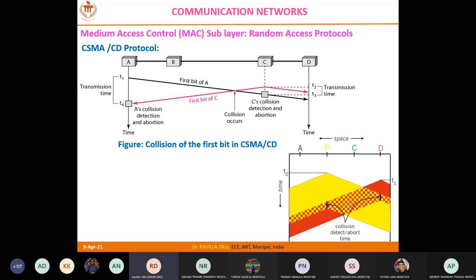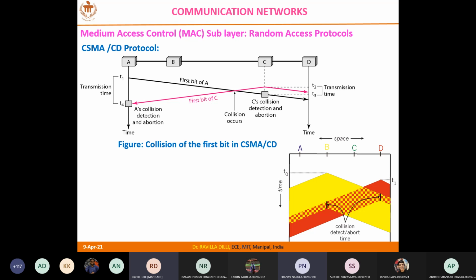The first bit of A is arriving at D after T prop. Same way, the first bit of D is going to arrive at A after another T prop. Yes, exactly. Altogether it is twice the T prop. So till then A should continue the frame transmission. Then only there exists an overlap.